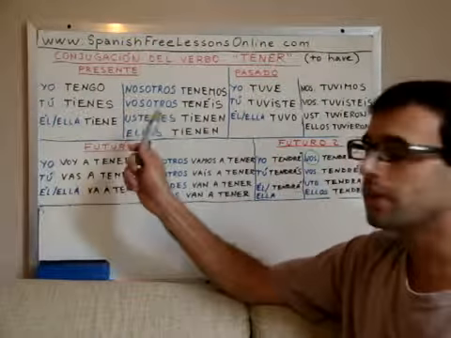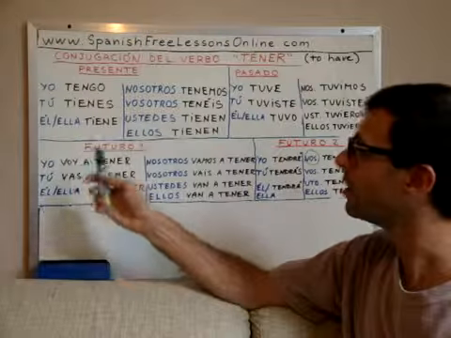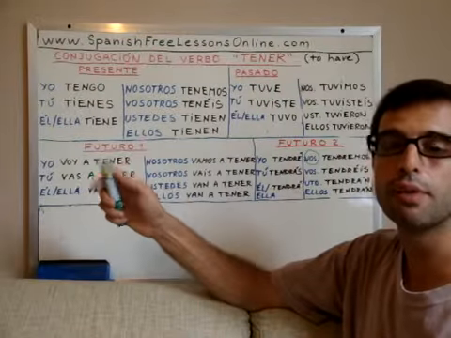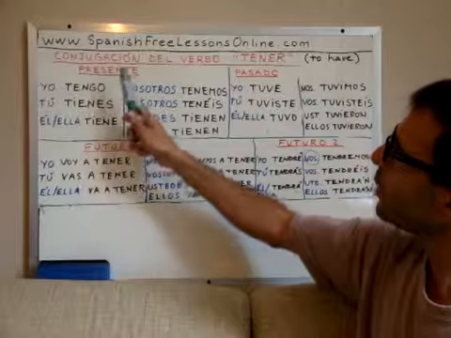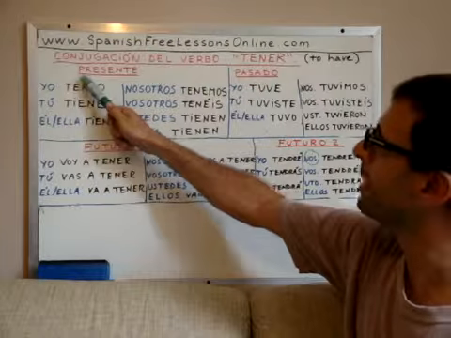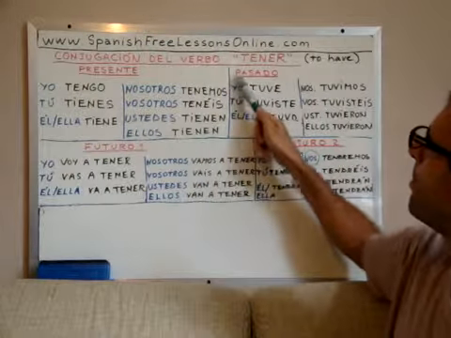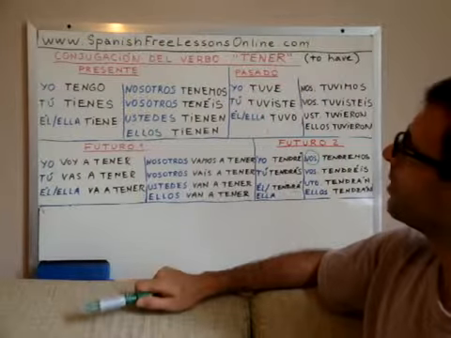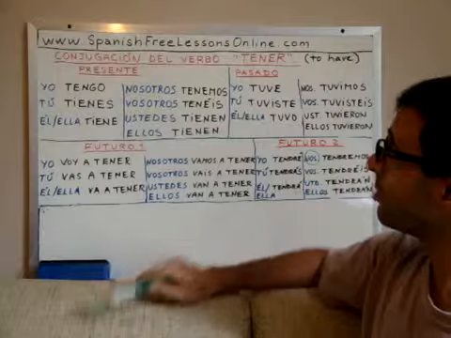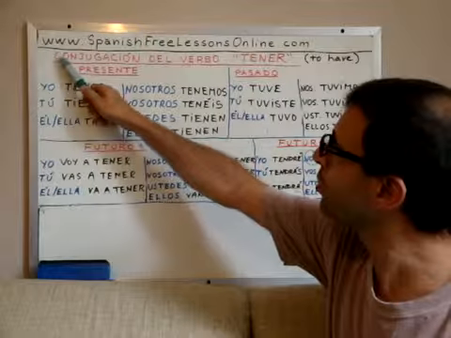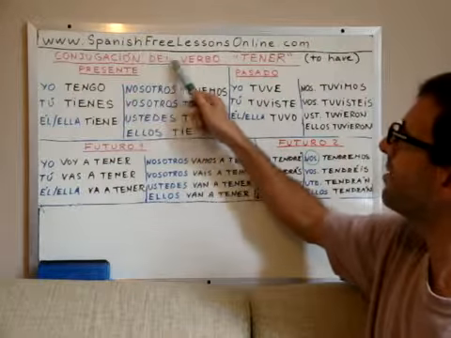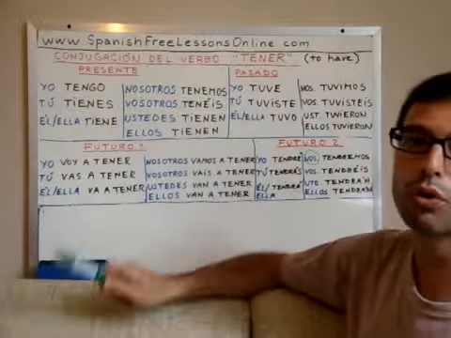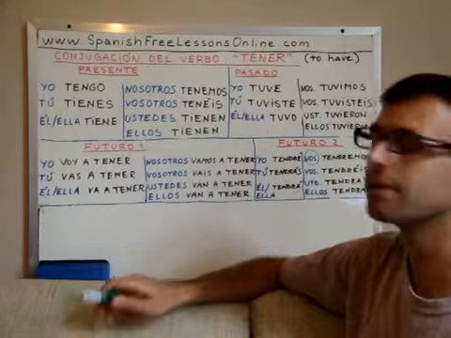So with this one we will finish the last of these four very important verbs. We will conjugate it in presente, pasado and futuro, right? So we will see conjugación del verbo tener.